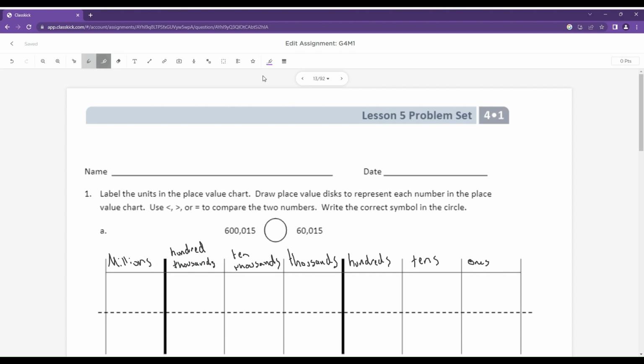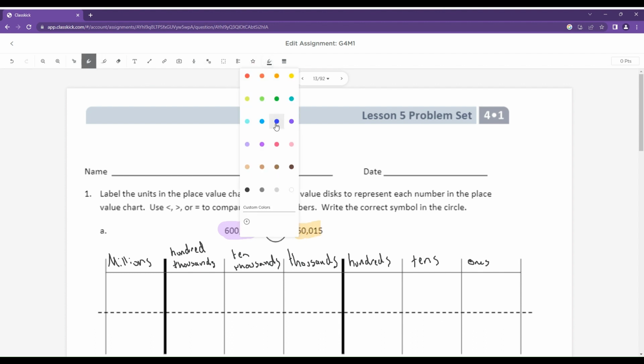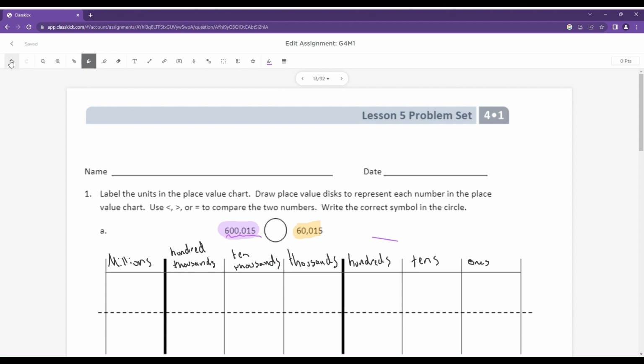So I will use the color purple to show this number, and I will use the color orange to represent this number. So when we look at this number right here, we're going to go ahead and put it into our place value chart.